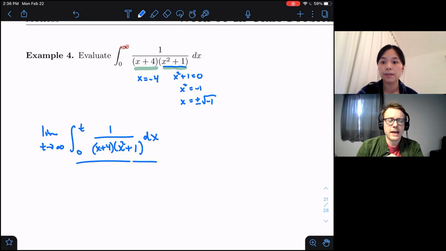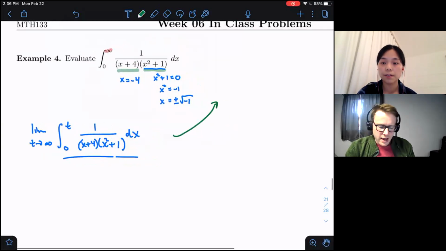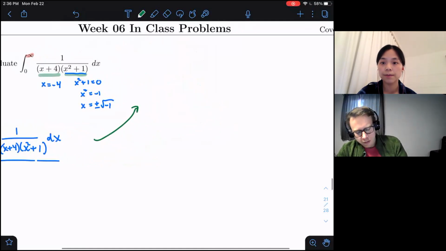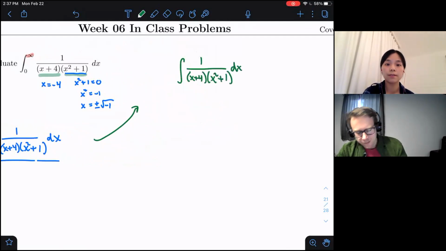Really you can combine these with many sections here in chapter 7. And so just as before, we need to spend a little bit of time pulling off to the side and thinking about how do you find the antiderivative of 1 divided by x plus 4 times x squared plus 1 dx.